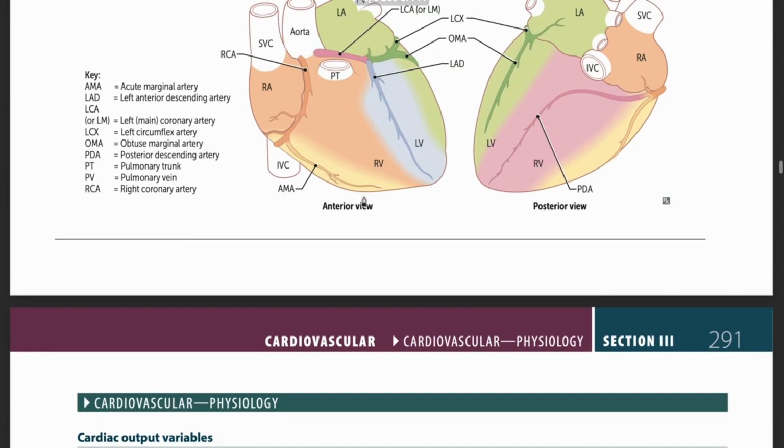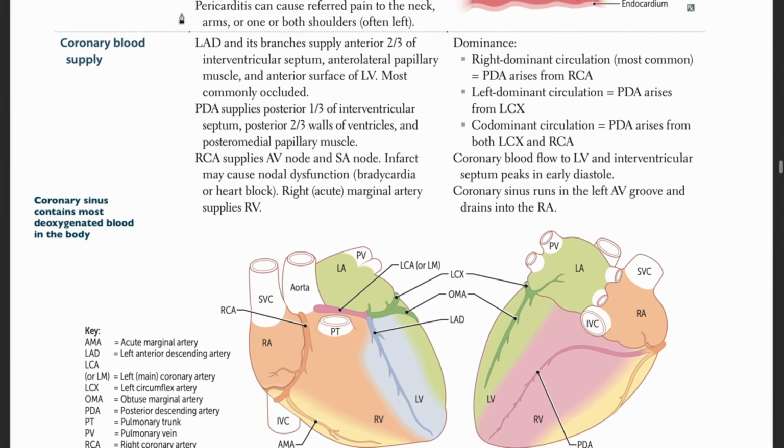Okay, so what it supplies: left anterior descending artery supplies the anterior 2/3 of the interventricular septum, the anterior side of the left ventricle, and the anterolateral papillary muscle. Okay, the posterior descending artery supplies the posterior 1/3 of the interventricular septum, the posterior wall of the ventricles, and the posteromedial papillary muscles, right?